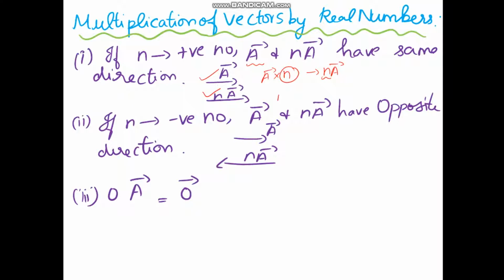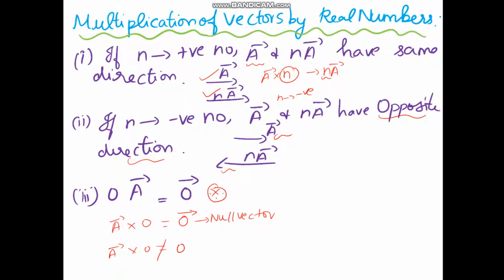Suppose n is a negative number, then A vector and nA vector are in opposite directions. Next, this is the most important concept. Suppose you are given a vector A vector and you are multiplying it by 0, then the answer comes out to be 0 vector, which is nothing but the null vector. Remember that A vector multiplied by 0 is not 0, it is 0 vector or null vector.